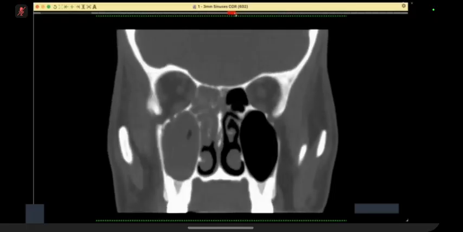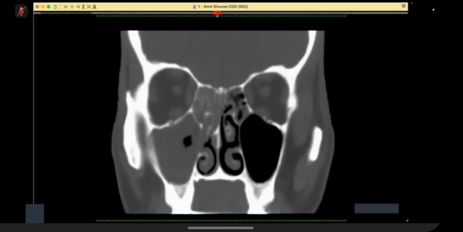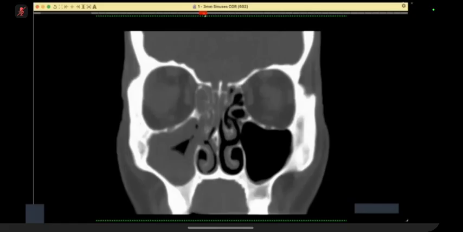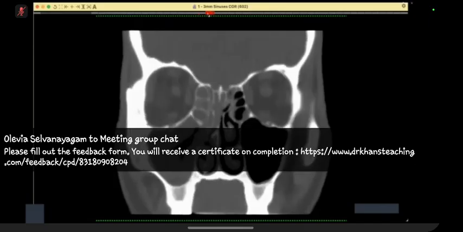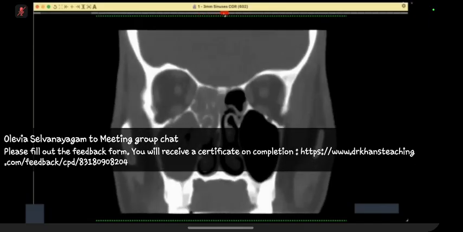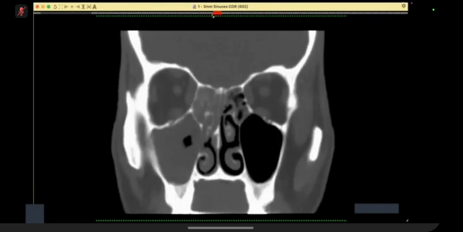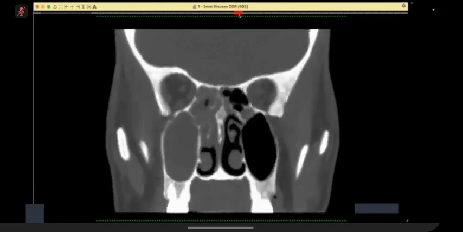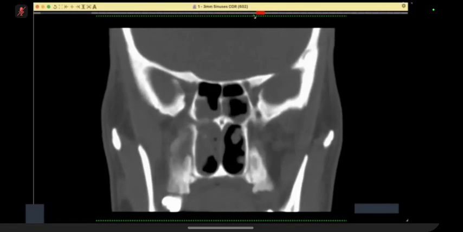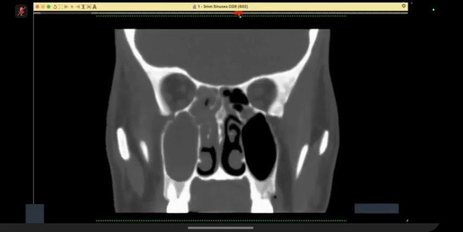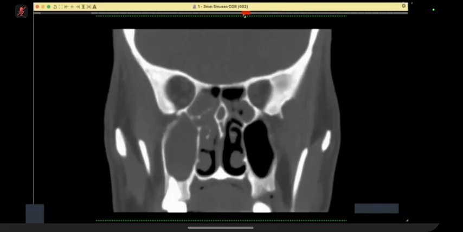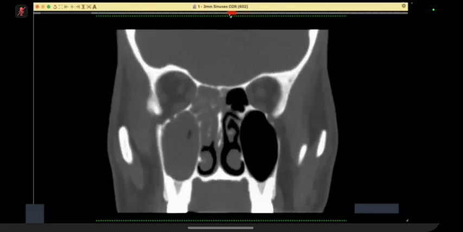There is near total opacification and expansion of the right maxillary sinus with extension and dilatation into the sinus ostium, as well as opacification of the right nasal and sphenoid sinuses. There is further but reduced opacification, probably mucosal lining thickening, of the left sphenoid sinus and partial opacification of the left nasal sinuses.